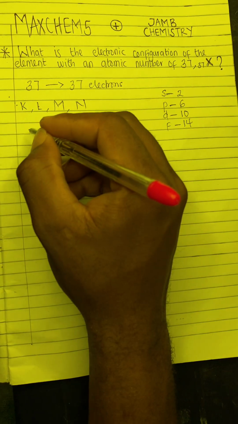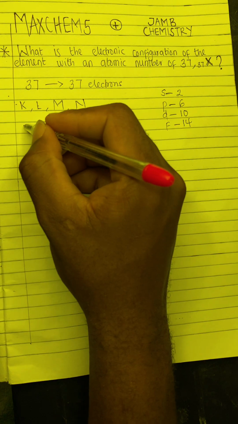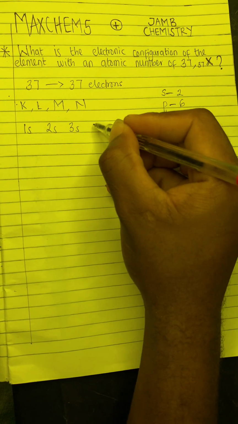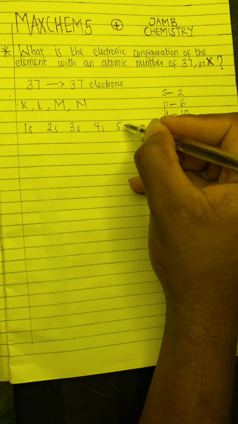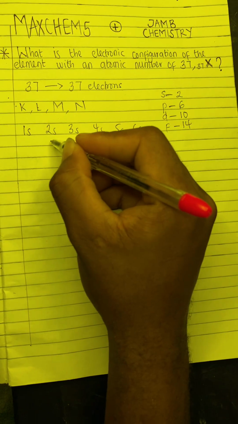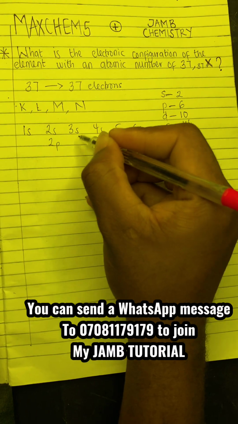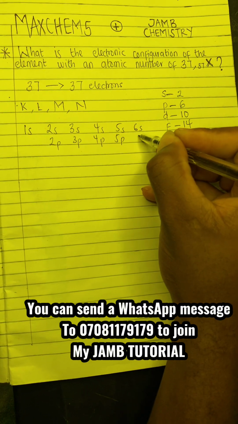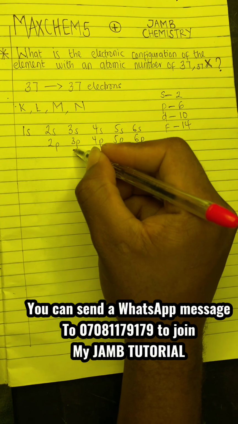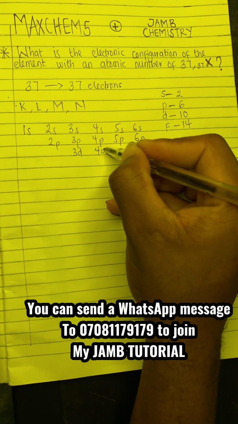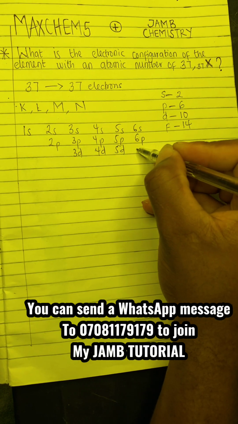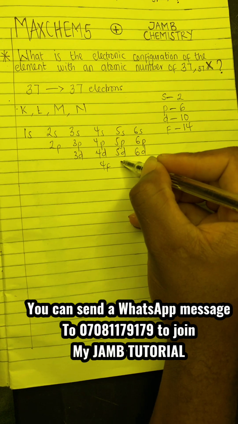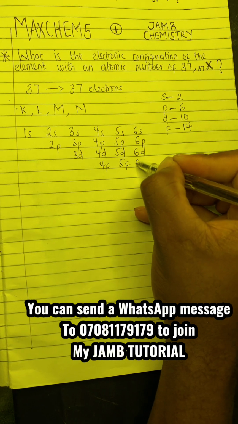So let me draw this diagram so that you can know: 1s, 2s, 3s, 4s, 5s, 6s, then 2p, 3p, 4p, 5p, 6p, then 3d, 4d, 5d, 6d, then 4f, 5f, then 6f.